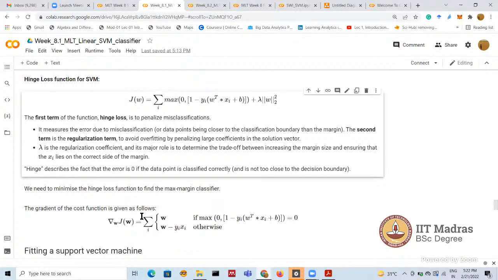So this is the expression of the gradient under this condition and otherwise. When this term becomes 0, the derivative you are left with is only 2 lambda w. And if it is non-zero, then the derivative will also include yi times xi. So this is the additional expression.